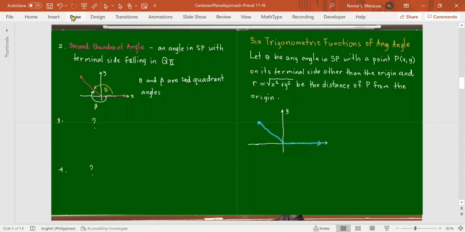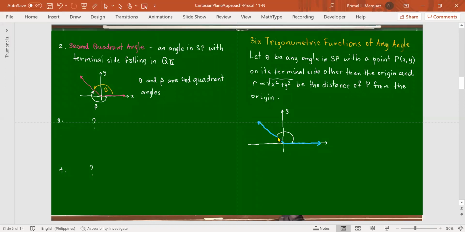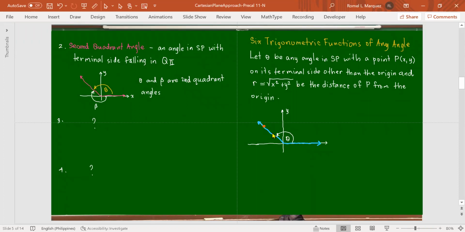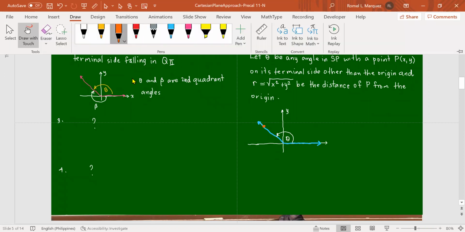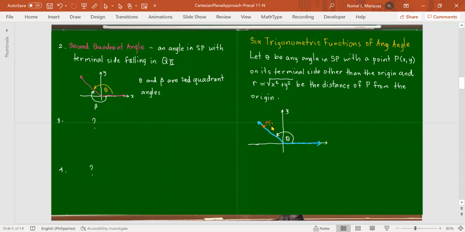Let my representative angle be this angle. But of course, it can be clockwise if you want, as long as it is in standard position. This is just an arbitrary representation of that angle. On the terminal side of this angle, let's say this point, it can be anywhere as long as it is not the origin, is named P, coordinates X and Y.